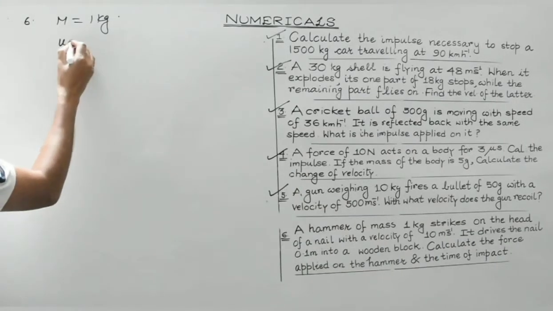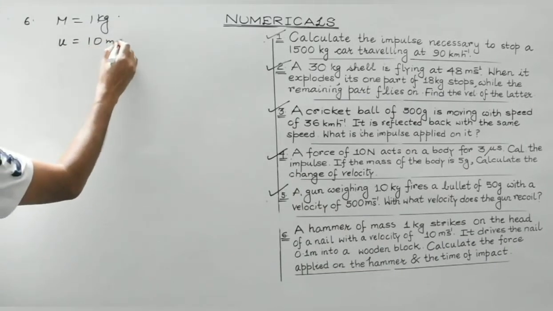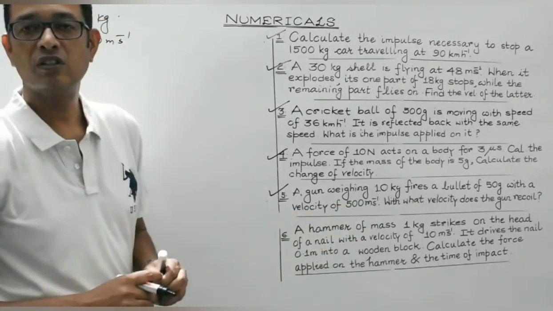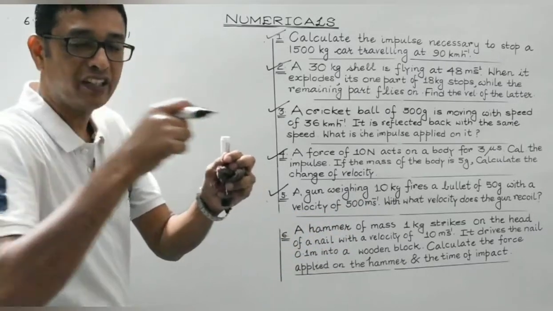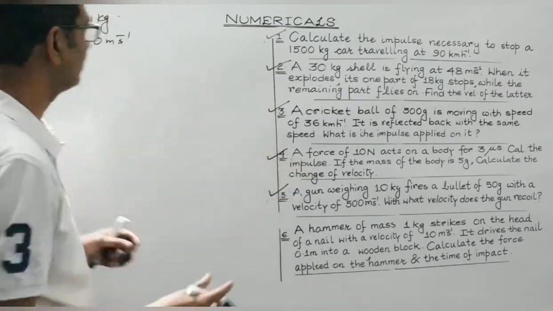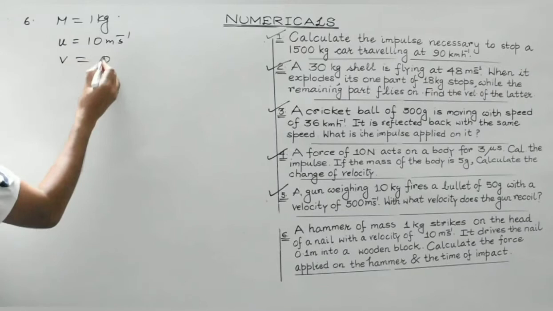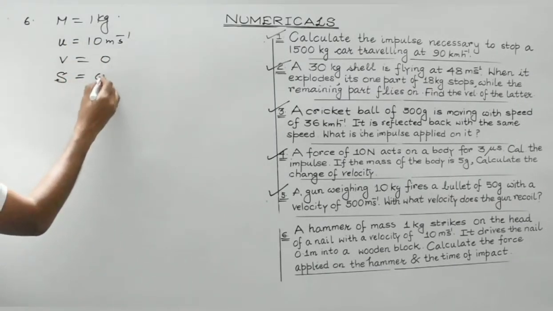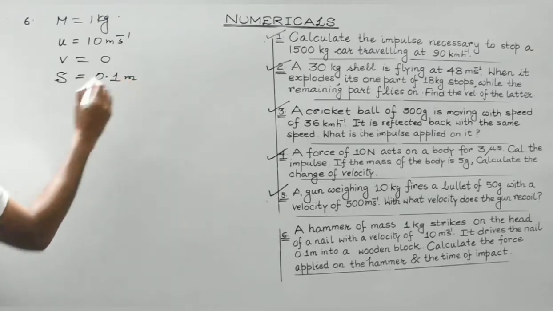So initial velocity is 10 meter per second. It drives the nail 0.1 meter into a wooden block. It will get penetrated inside the wooden block, and after that the nail will come to rest. So final velocity is 0. And during this change in velocity, it has covered a displacement of 0.1 meter, isn't it?